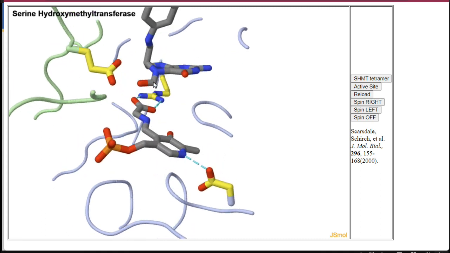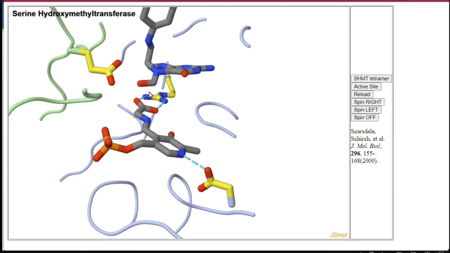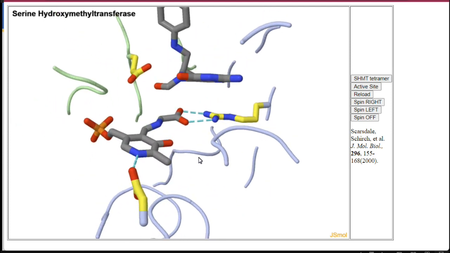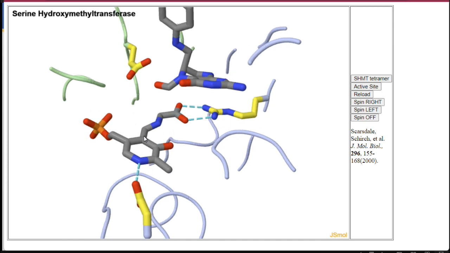Also, you see that this carbon, which would be, say, a methyl group in a methyl transferase, sits directly above the alpha carbon of the imine. So it's in a perfect location for this. So I use this as a model for a starting point for the model calculations.